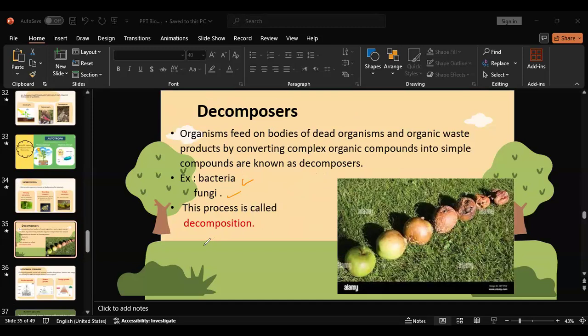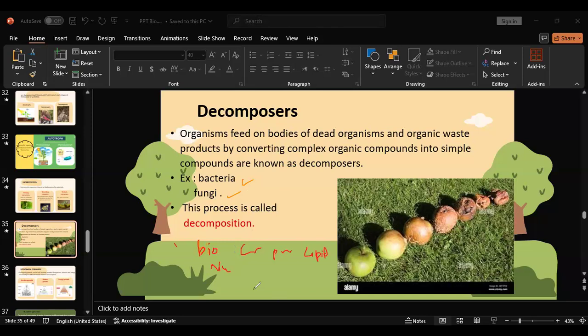All bodies are made up of biomolecules such as carbohydrates, proteins, lipids, and nucleic acids. You have learned biomolecules in your grade 10 unit, right? So you are familiar with that.